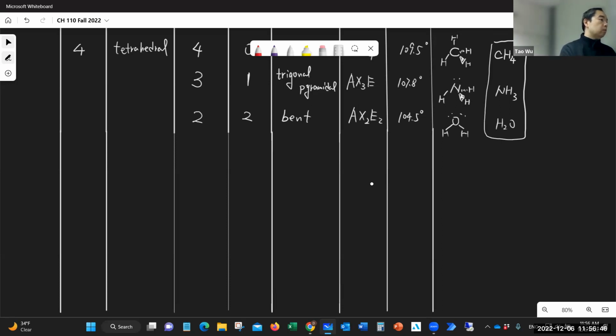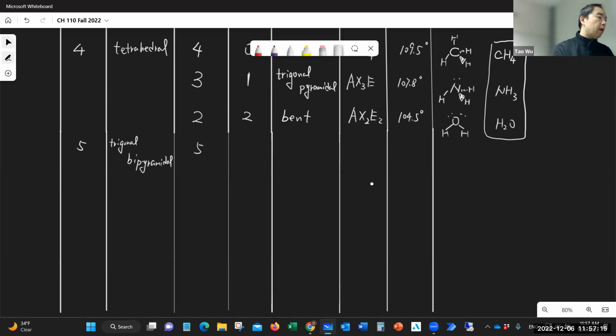Okay, if we have a 5 electron domain, we give it the name trigonal bipyramidal. This is a pretty long name. Trigonal bipyramidal, not trigonal pyramidal. Trigonal pyramidal is over here. This is trigonal bipyramidal because it has 2 pyramids.